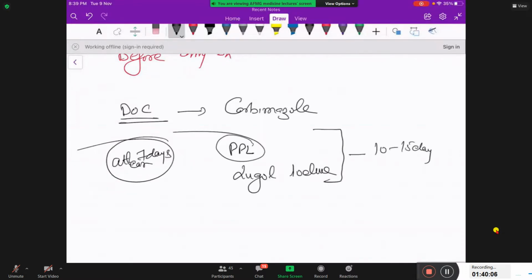Whatever circulating thyroxine is there in the body, the half-life of that is 7 days. So the beta blocker will block the receptors of thyroxine wherever they are, so thyroxine will not have that effect. So propranolol once started, after total thyroidectomy should be continued for at least 7 days. Important point. So this is when the patient needs preparation.